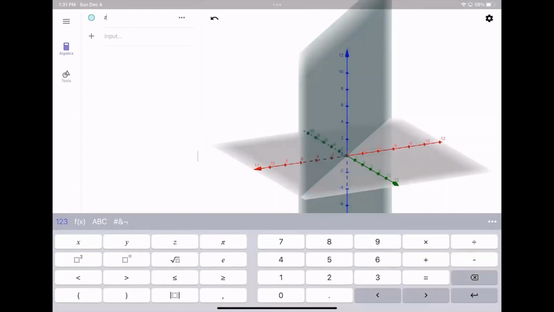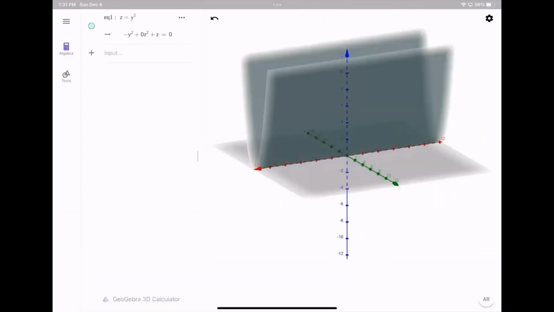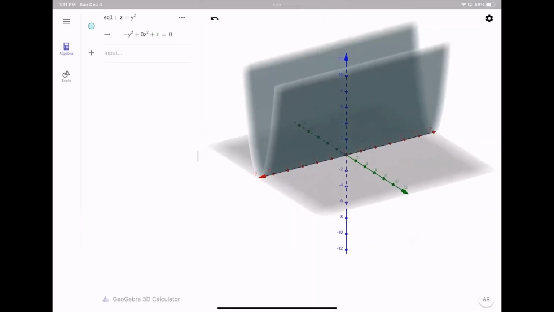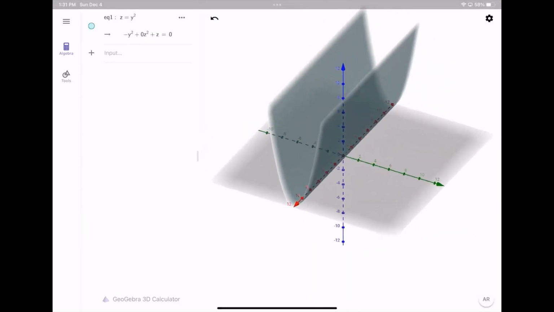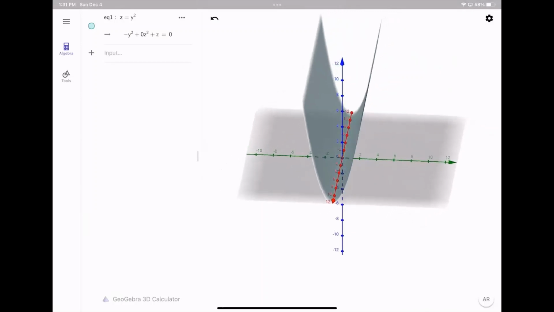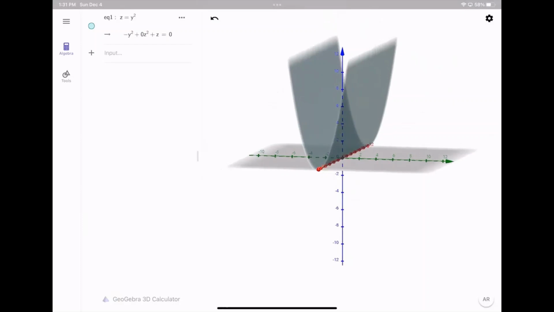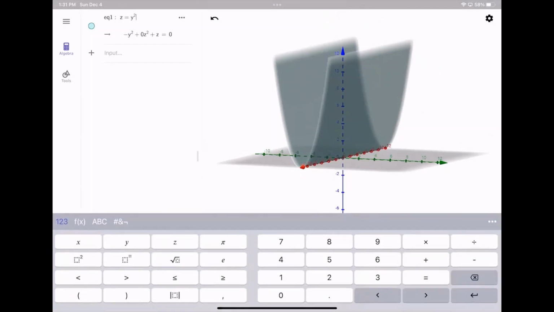If you put in z equals y squared, you get this parabolic looking surface along the x-axis. That's what I tried to show you by drawing, but hopefully this gives you a better perspective. The red is the x-axis, and this parabola extends forever in the x direction.